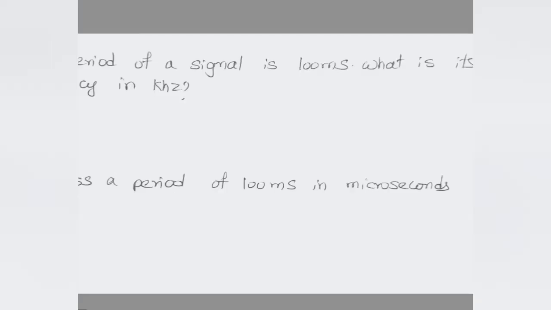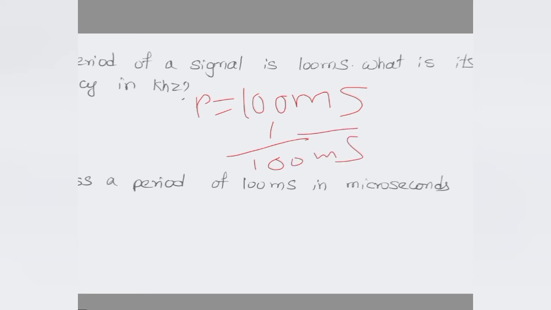Now let us solve a simple example on period and frequency. Given that the period of a signal is 100 milliseconds, what is its frequency in kilohertz? We know that frequency is the inverse of the period. That means 1 by 100 milliseconds. How can we represent the millisecond here? A millisecond is represented as 10 power minus 3 seconds.